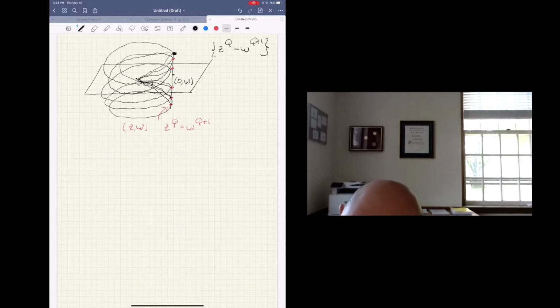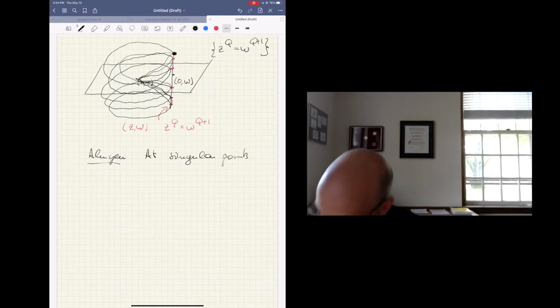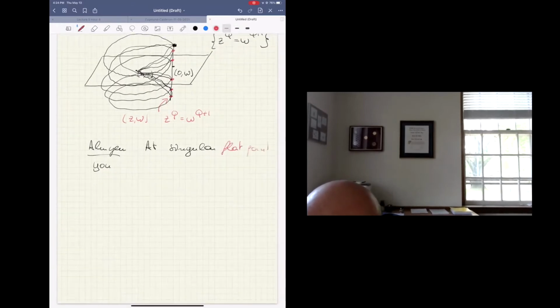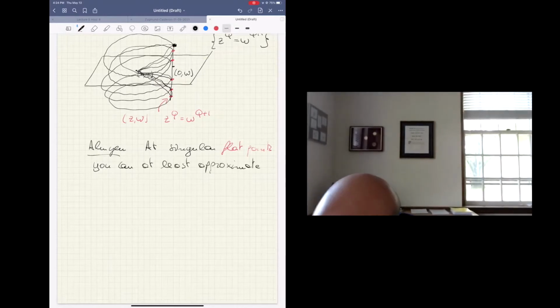So the idea of Almgren is that at singular flat points, you can at least approximate with a multivalued function.